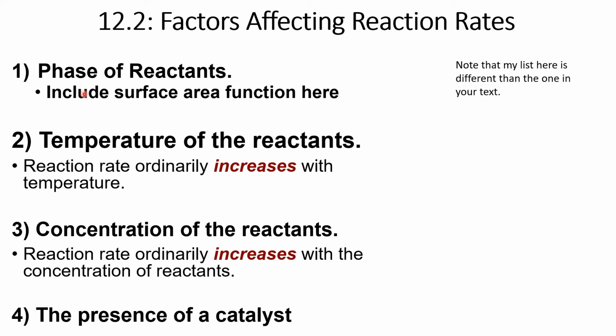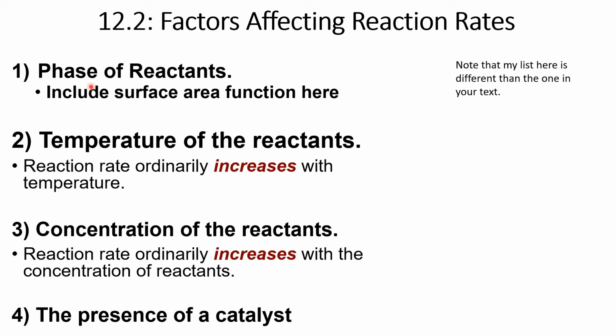Now I'm going to jump back up to number 1. So talk to me about this when we get to class and about how I put it differently. I'm going to say the phase of your reactants, and what I think causes me to look at this is my environmental geology background. Your book says the state of the reactants, but I think it matters more.